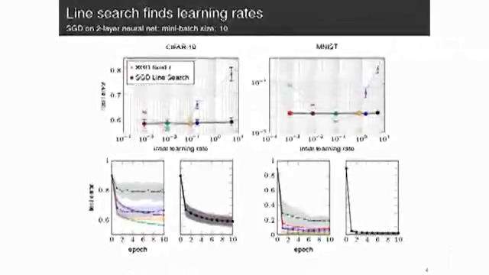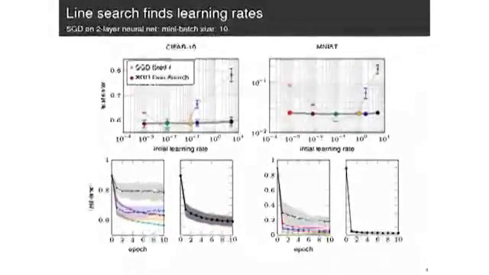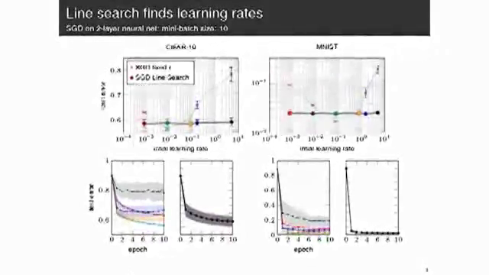The performance of SGD with the fixed learning rate is dependent on the choice of this learning rate, and the performance of SGD in combination with the line search is not. So for different choices of initial learning rates, the line search controls these learning rates and yields similarly good results.